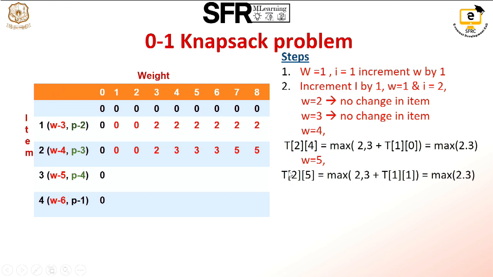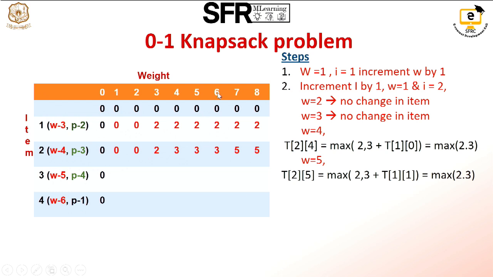So here we have to fill the 2, 5 cell. Here is the maximum of 2, the previous value, and our new value 3 plus this one, that is 5 minus 4 is equal to 1, that is the first row and the first column, the value is 0. So there is no change. Maximum of 2 comma 3 is 3, so there is no change.